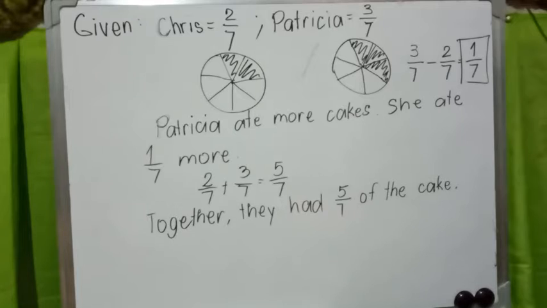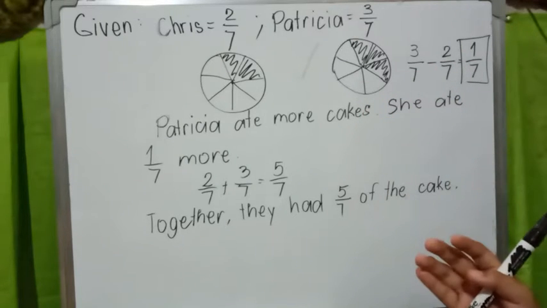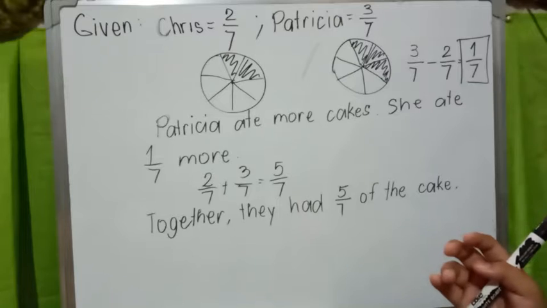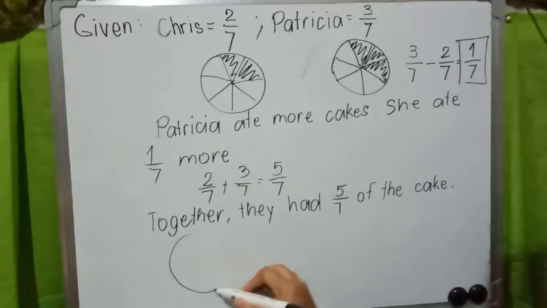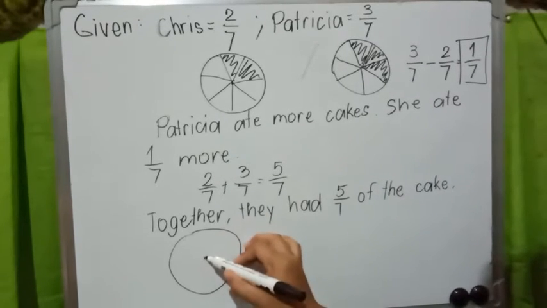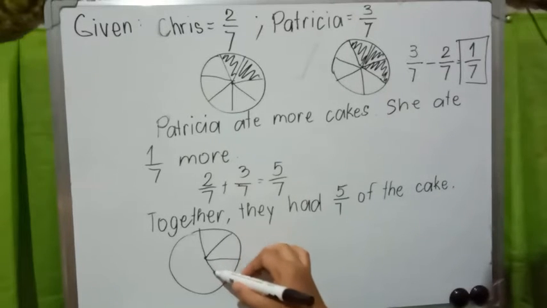And the last question, how much cake is left? Again, how much cake was left? So we need to find out the remaining slice of cake. We need to slice it into 7 parts.